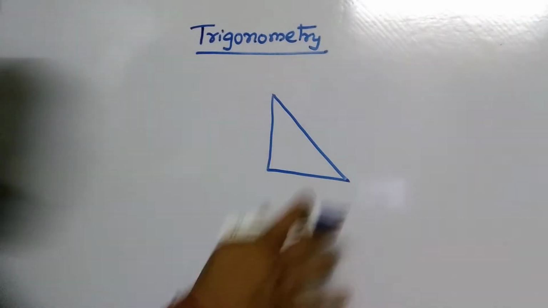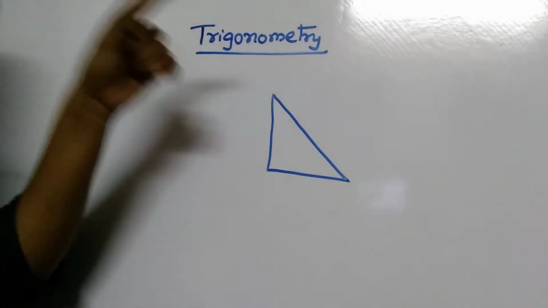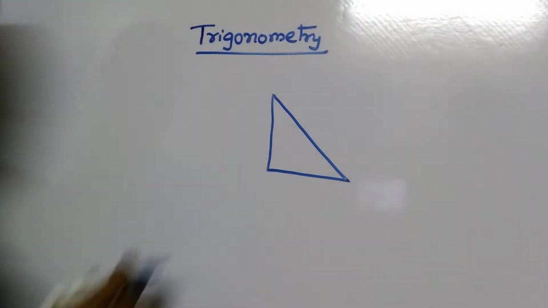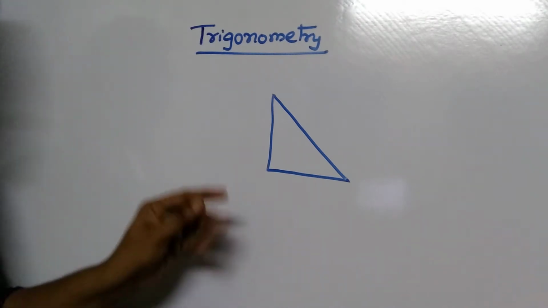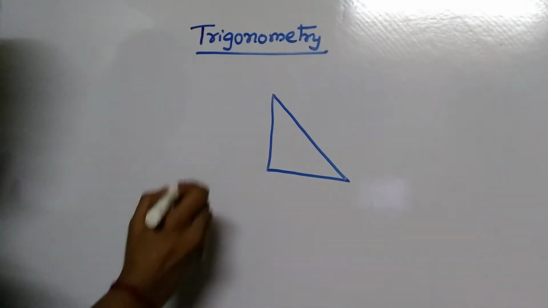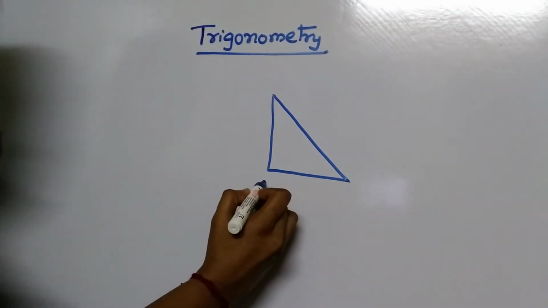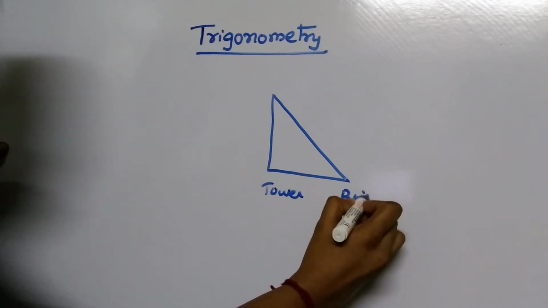In learning these things, what are all the possible things we are going to learn? What's trigonometry? Geometry, trigonometry, learning about the triangle shape. So here trigonometry is mainly based on the triangle shape. That is used to find the distance between any two objects. Suppose you have the tower, here you have the building, or a person is standing.